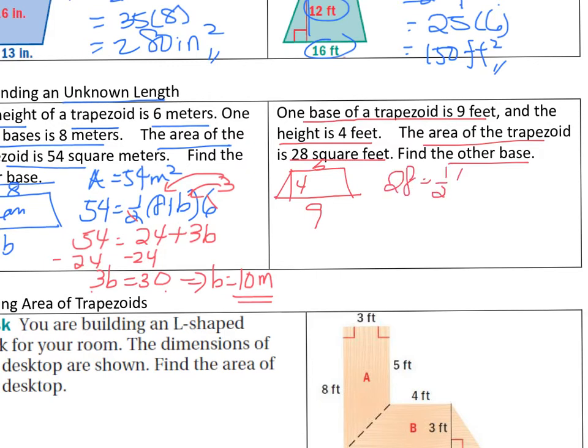I know one of my bases is 9. I need to calculate the other base, and the height is 4. Again, I can first cancel out 4 and 2, and then another way to solve this is I can divide both sides by 2 to get 14 on one side and 9 plus b, and then b will equal 5 feet.